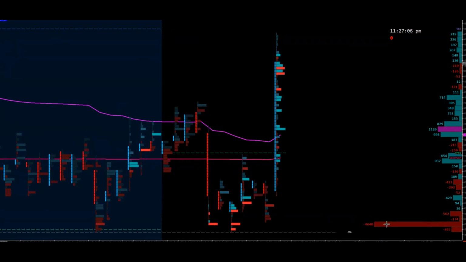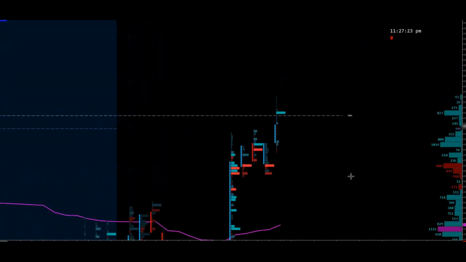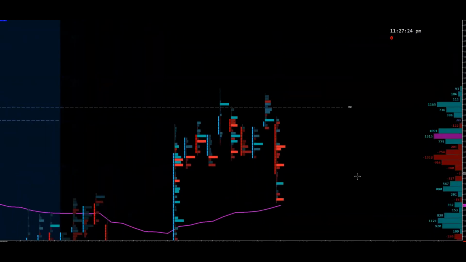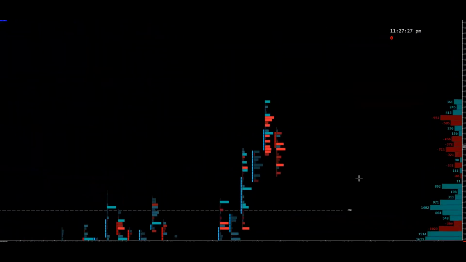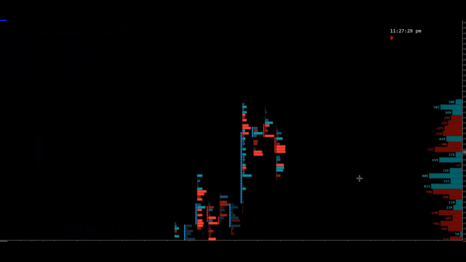So if we're at the bottom of the range, we see an overwhelming sell delta like this, you would look for this to get pushed out. If we're at the top of the range, you see overwhelming bid delta, then you would look for the same and vice versa. And so how does this play out? It continues to bid against them until that position unwinds and goes on up.